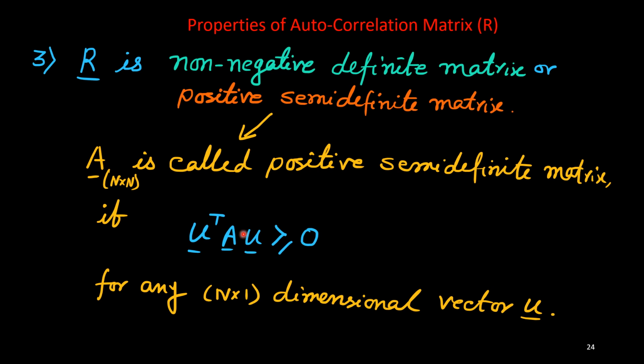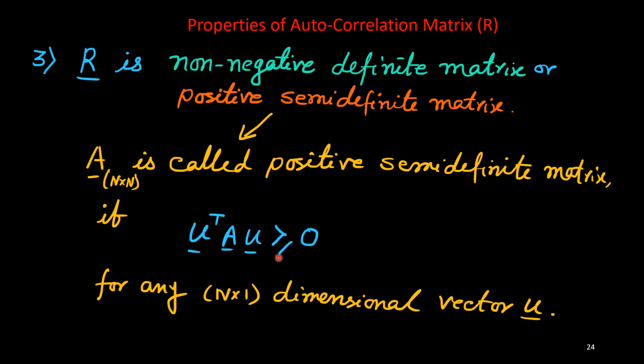Remember u is a column vector, A is a matrix, and u transpose is a row vector, so the dimensions are 1 cross n, n cross n, and n cross 1, so this product becomes a 1 cross 1 scalar quantity, and that value is more than or equal to 0.